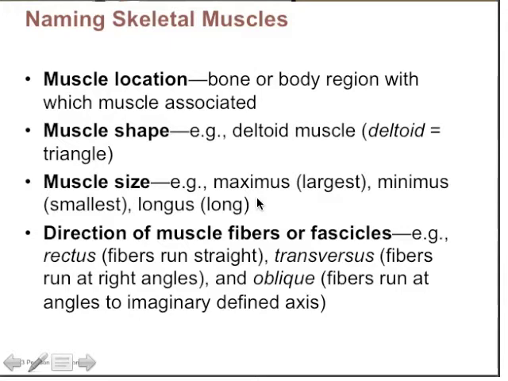Examples of muscles with names like that include the rectus abdominis, whose fibers run essentially along the longitudinal axis, the transverse abdominis, whose muscles run perpendicular to the long axis of the body, and the internal and external oblique muscles, which are also in the lateral abdominal region, and their fibers run at an angle to the long axis of the body.